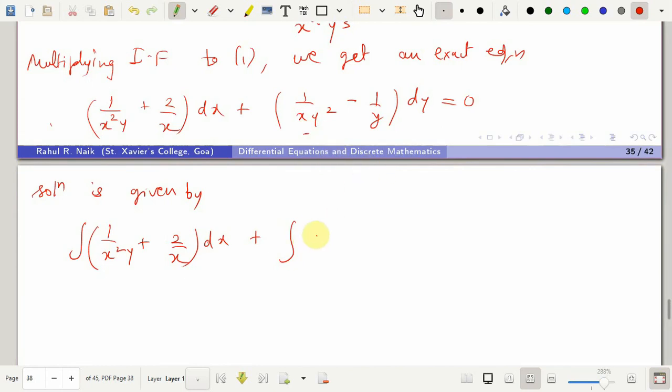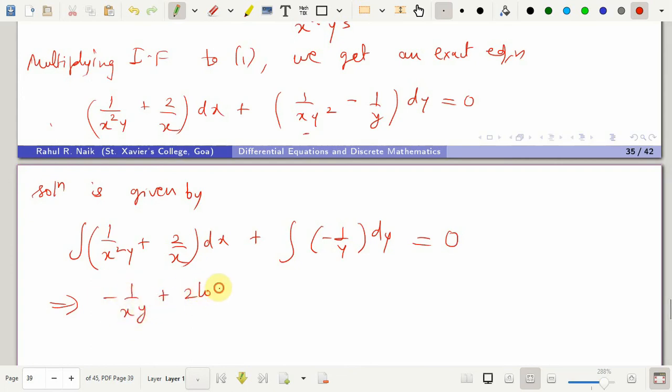The second one is independent of x, so it's minus 1 by y dy equal to 0. The integral of 1 by x squared is minus 1 by x, so this is minus 1 by xy plus 2 into log of x, and this will become minus log of y equal to c, the constant term.